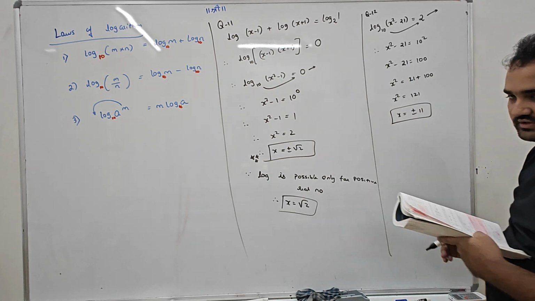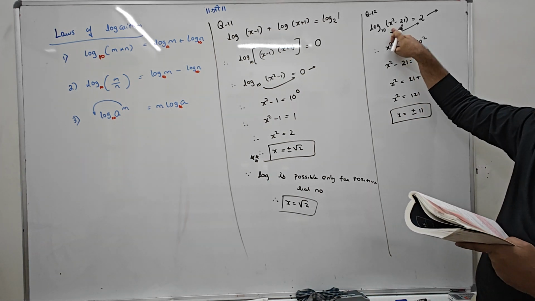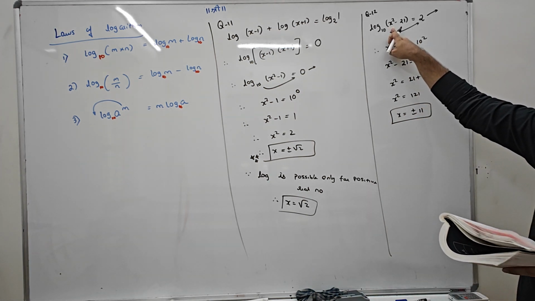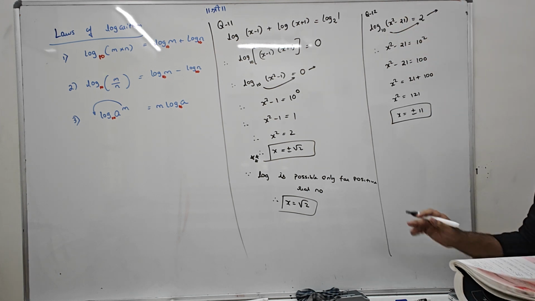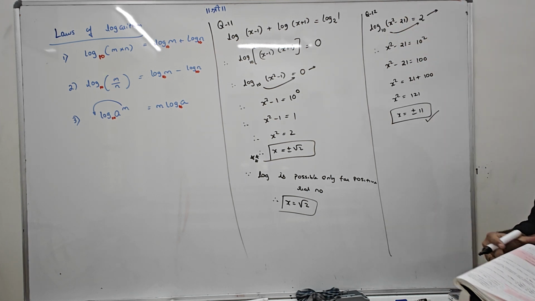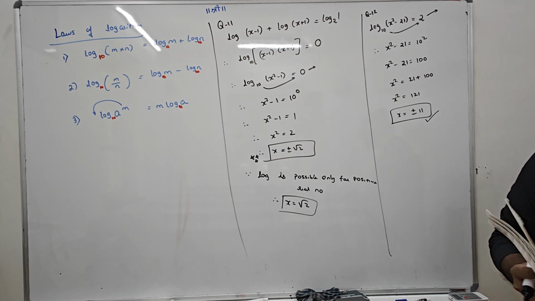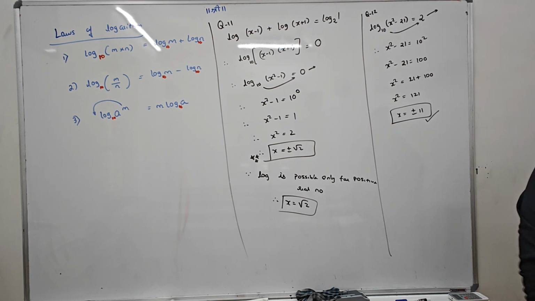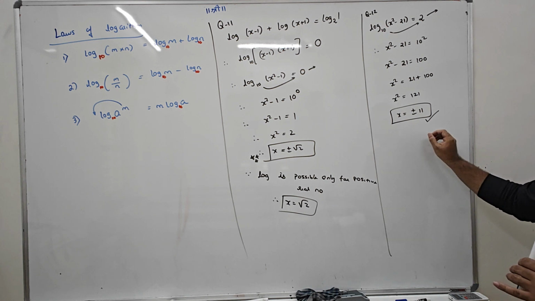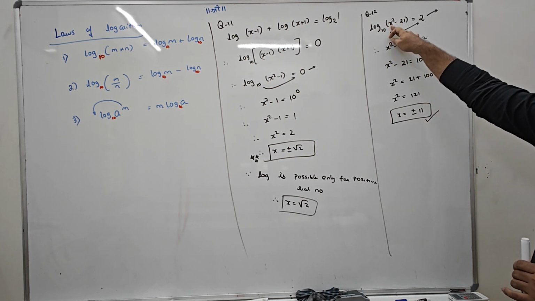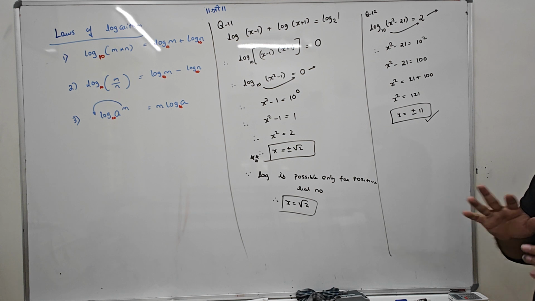Now just see, if I substitute minus 11, does my answer change? No, minus 11 squared is plus 121. Hence here we go with x equals plus minus 11. So what did I teach you? Whenever you get confused whether to take the negative number or not, substitute it in the given question.